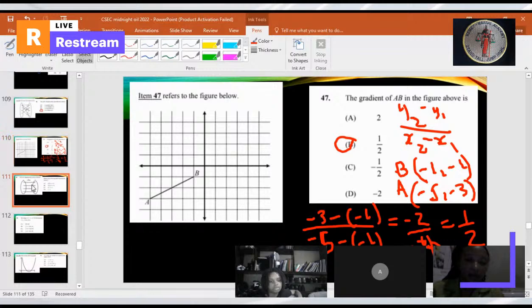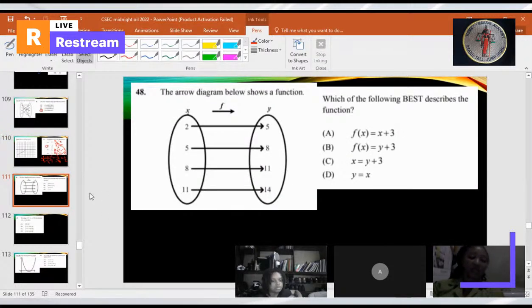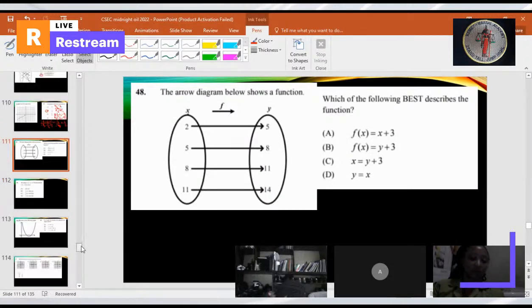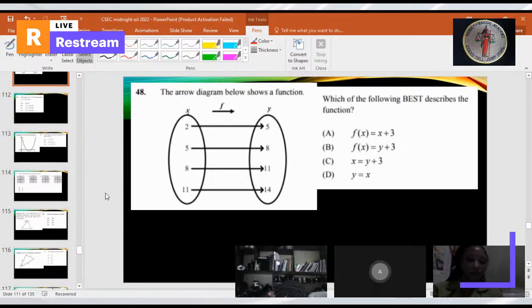Okay, all right, miss. Answer 48. The arrow diagram below shows a function. Which of the following best describes the function? So f of x is equal to x plus 3.